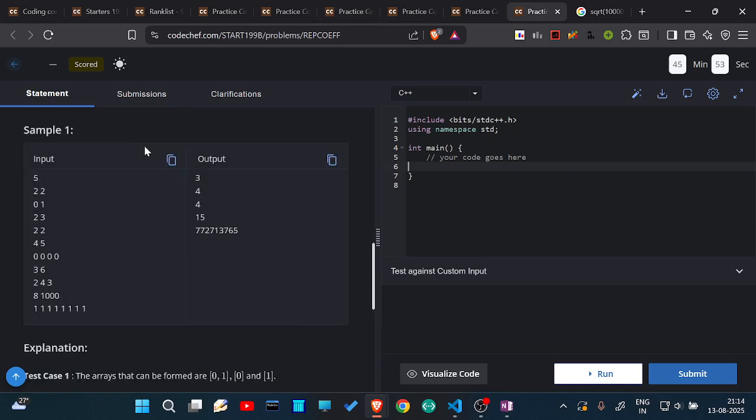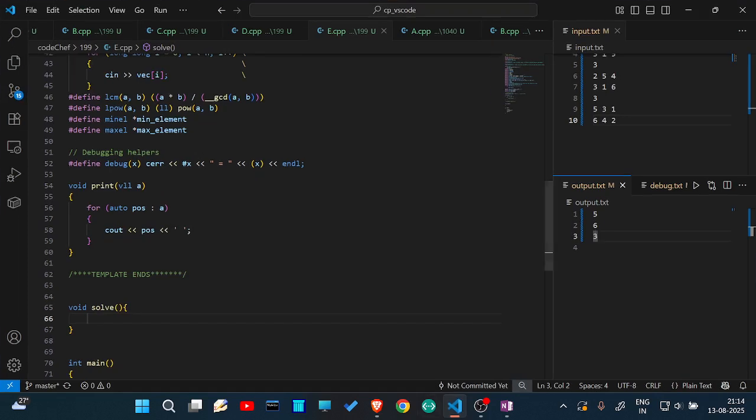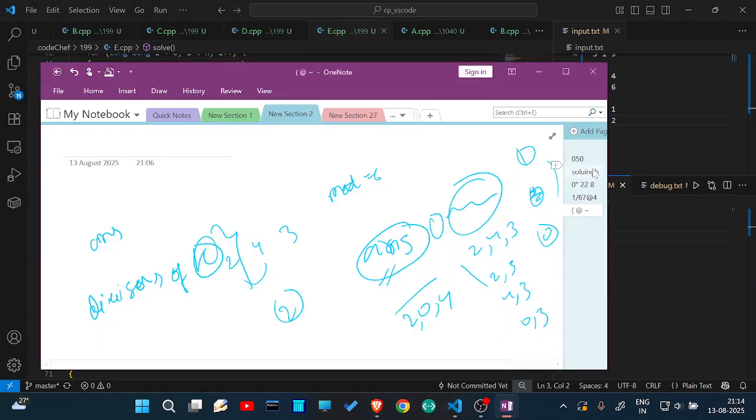Okay. I'll take now. Number of parents. K is very huge. If K is small, then I can solve it.